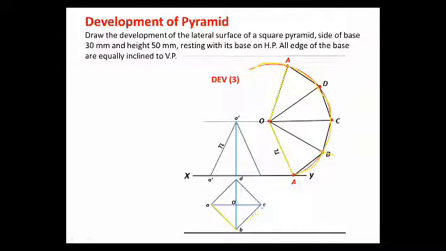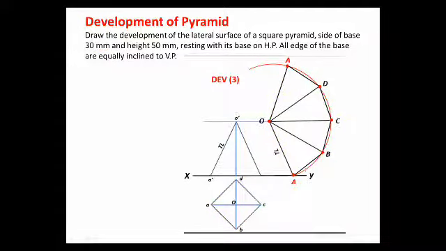Then you have to take distance from B to C, so it will be this distance. As it is a square pyramid, then side of base mentioned is 30 mm, so all the distances are 30 mm. So C to D distance is also 30 mm, which you can take from the top view, and D to A distance is again 30 mm.